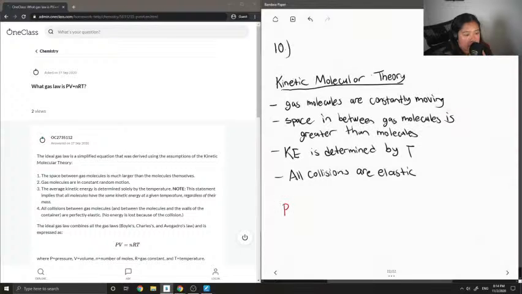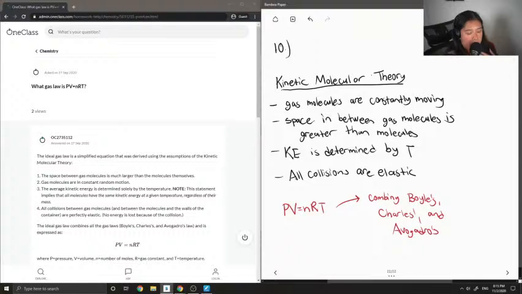So PV equals nRT comes from basically combining all of the different gas laws, such as Boyle's, Charles's, and Avogadro's.